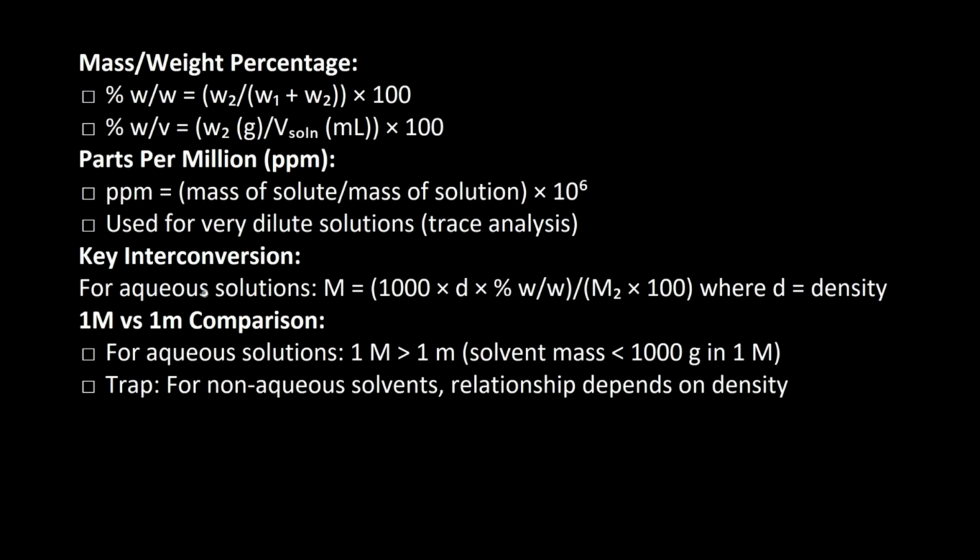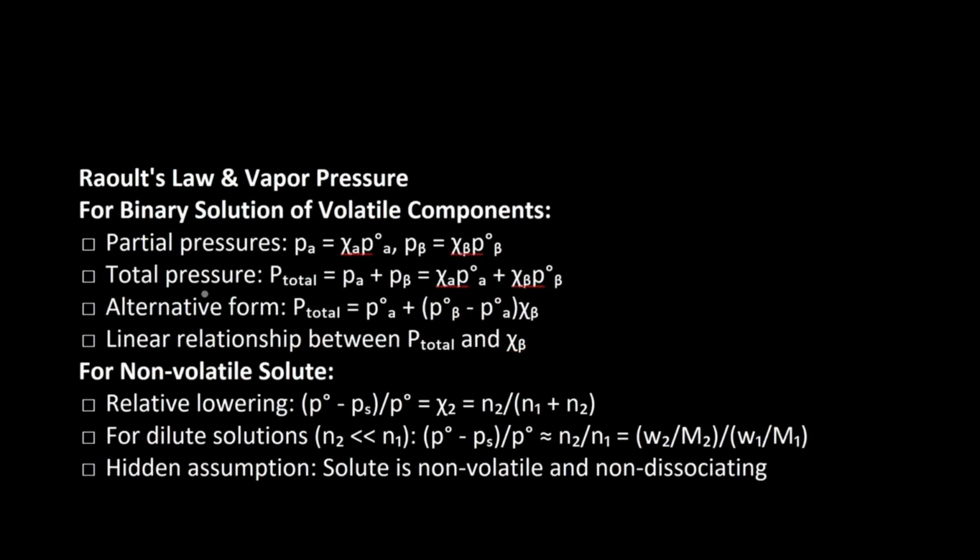Parts per million questions they have also asked by giving you the percentages of the element present in the water or some kind of solutions. And weight by mass percentage, percentage weight by volume. Okay. And 1 molar becomes 1 molal when the density is equal, and 1 molar becomes 1 normal when the n factor is equal. Okay.